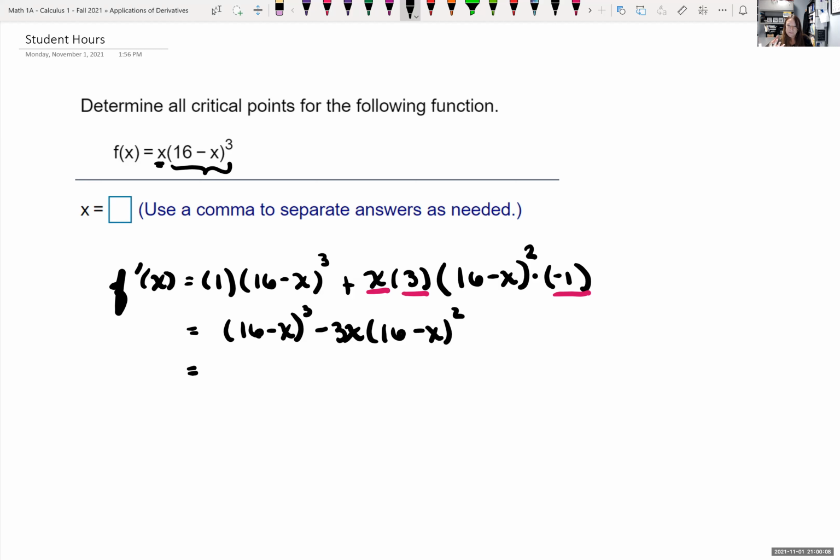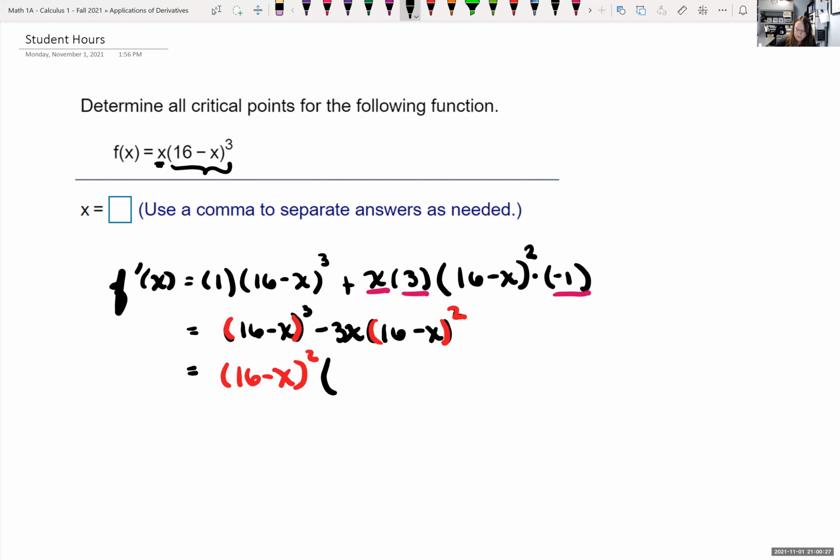So instead of expanding this out and then trying to factor, it's going to be easier if you notice that we have 16 minus x in common, and we can pull out 2 of those. So let's pull out a 16 minus x quantity squared.